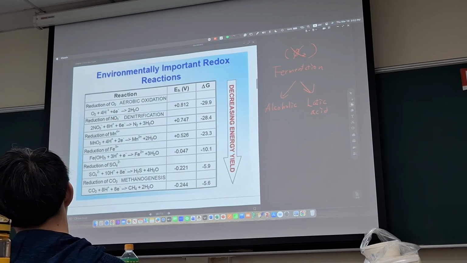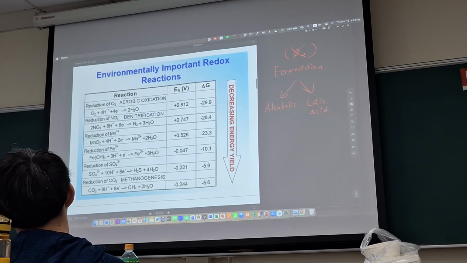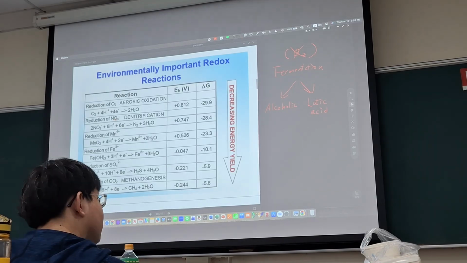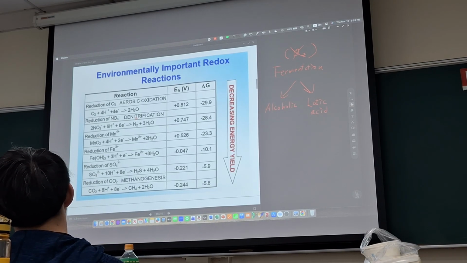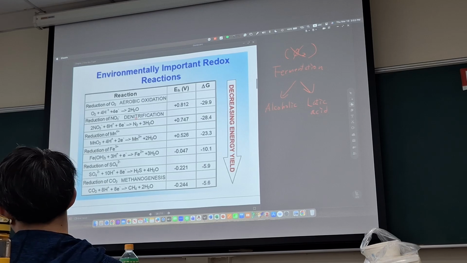It's a reduction of oxygen, or you might call this aerobic oxidation. And the second one is a reduction of nitrates. You might call this denitrification.